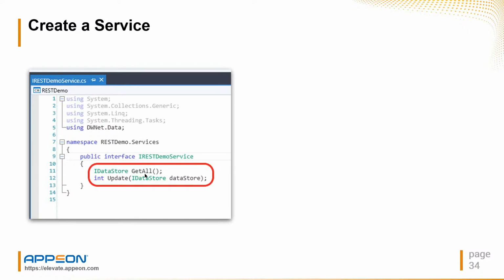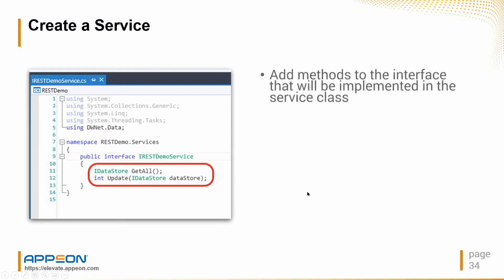We can just send back that state information in one call, and the service can then go through and determine what kind of update it needs to make. So you don't need separate add, delete, and update methods in your service.